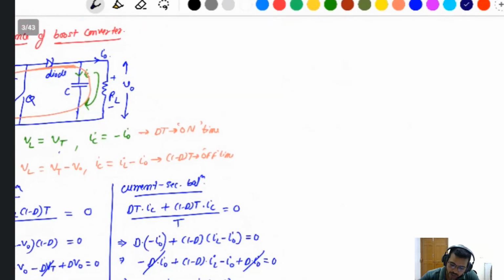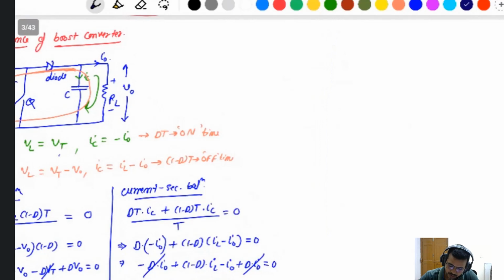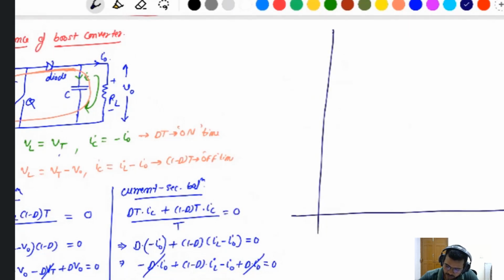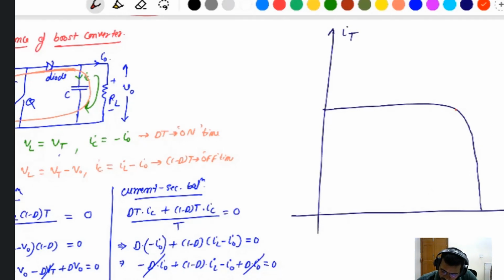Then you know about the load line. So in Vt and current, the maximum power you can get here.